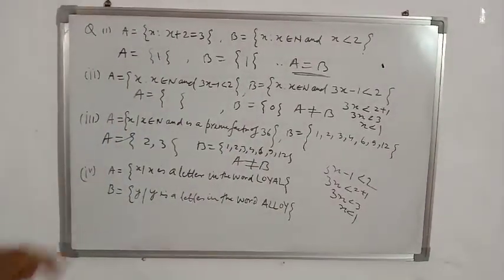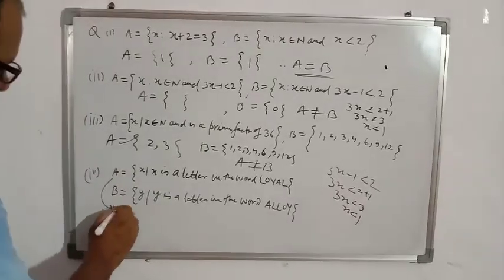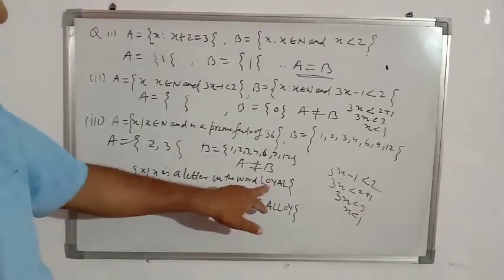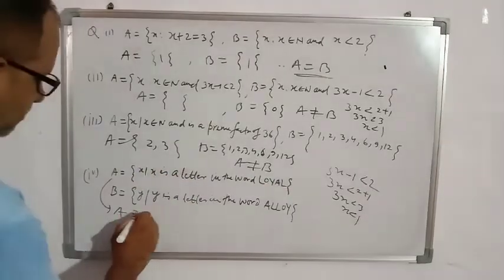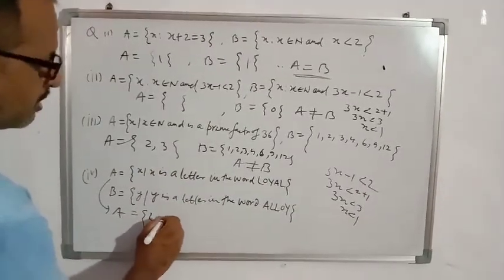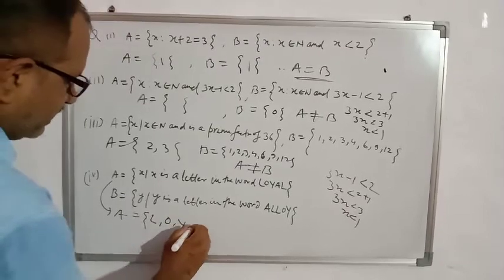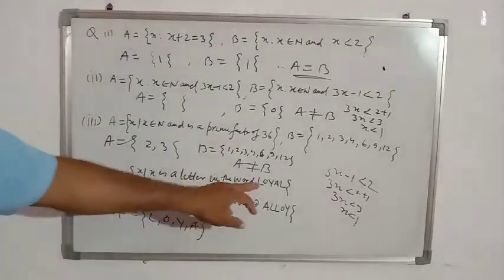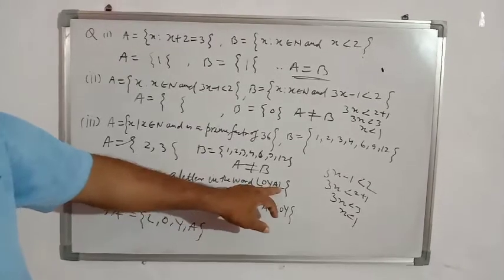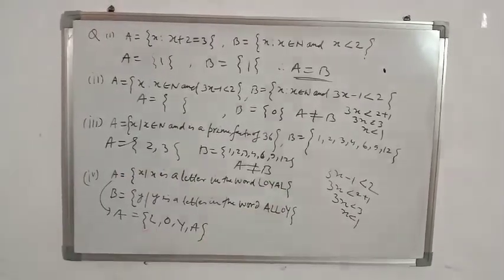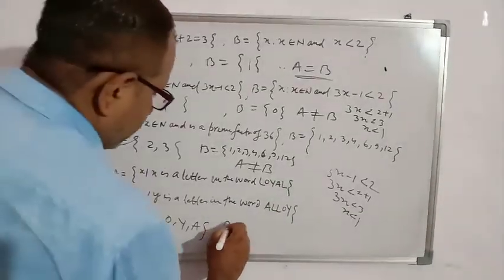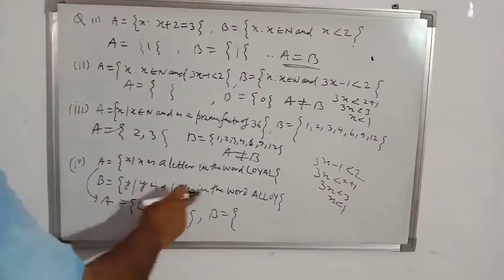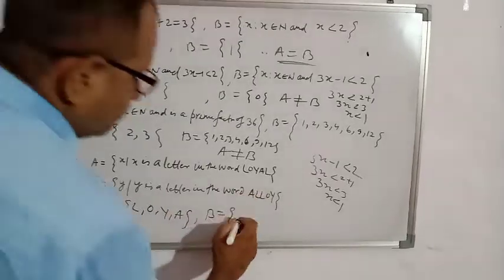And the last part. What is A here? x is a letter in the word LOYAL. So write it in roster form. L, O, Y, A. We can write set A in roster form: L, O, Y, A. L has come 2 times but we have to write it 1 time. And what is set B? y such that y is a letter in the word ALLOY.